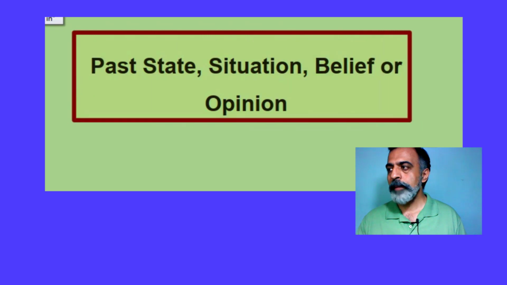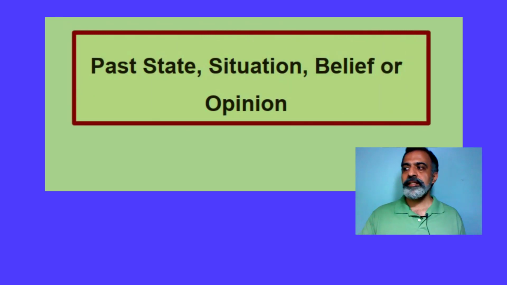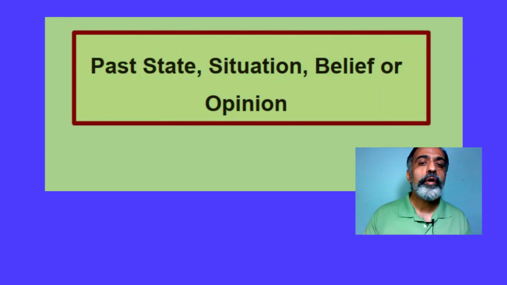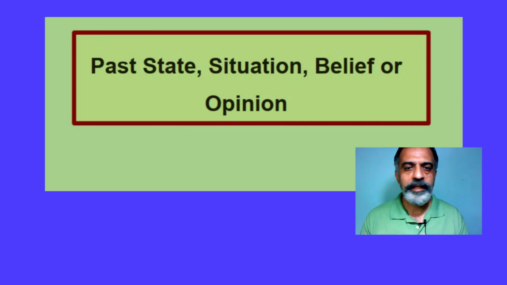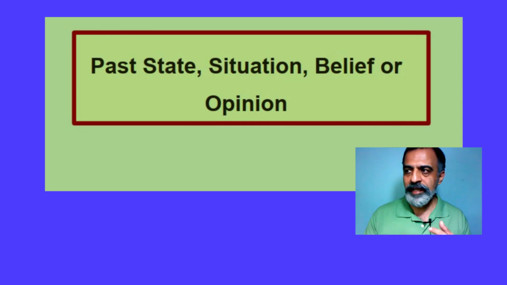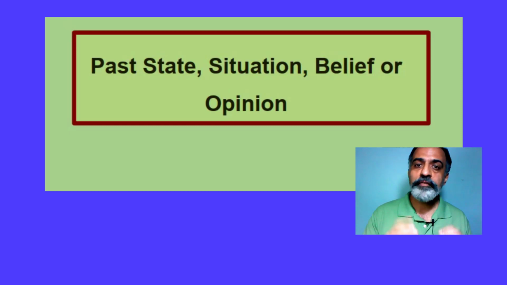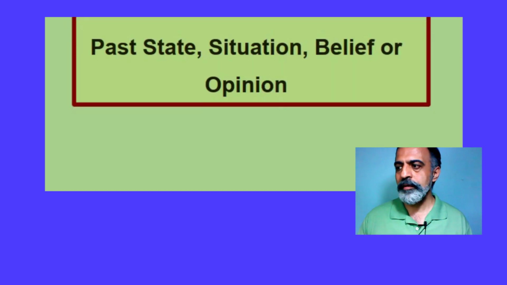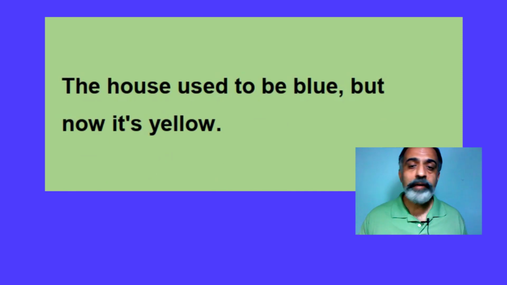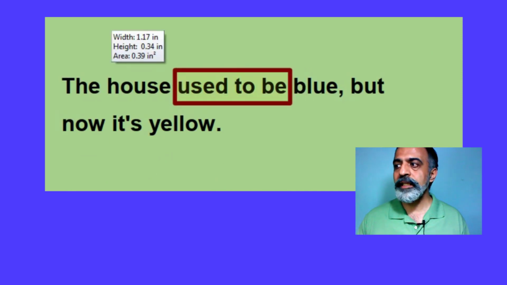An important point is that we can use used to when we want to talk about a past state, situation, belief or opinion. So it is not just for actions. For example, the house used to be blue.